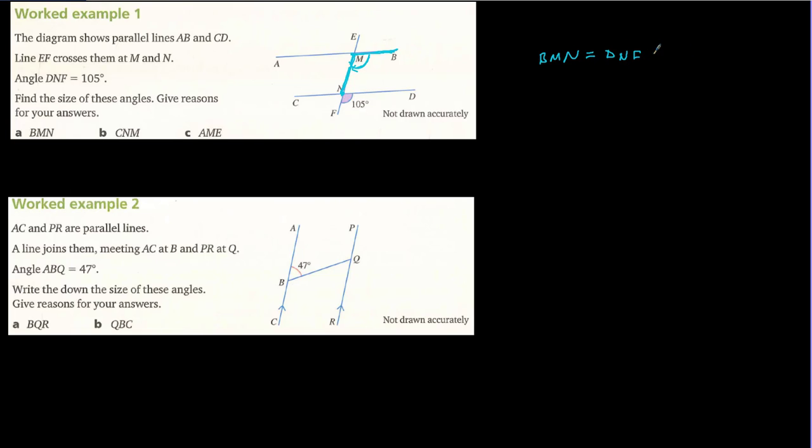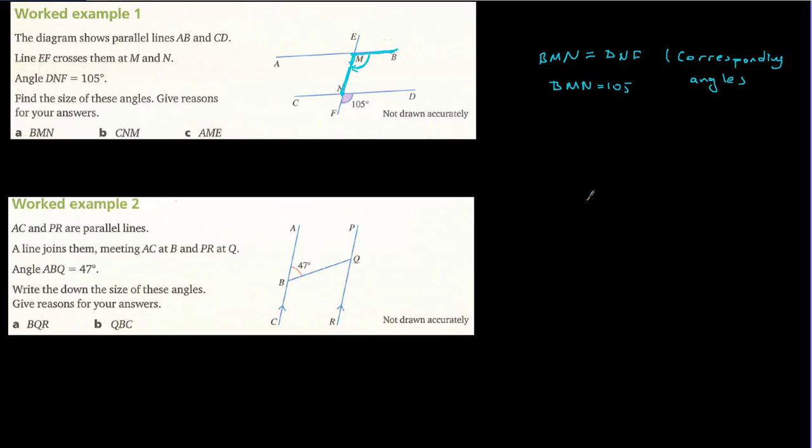They are equal to each other because they are corresponding angles. They are corresponding angles. So it means that BMN is equal to 105 degrees.